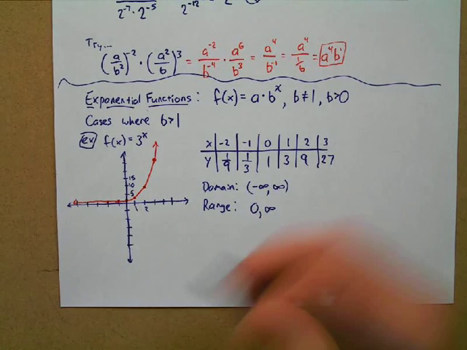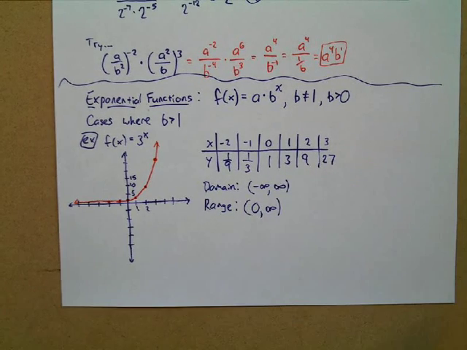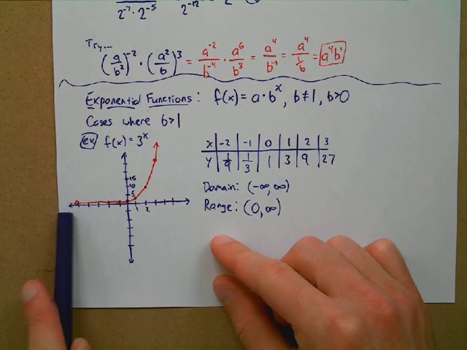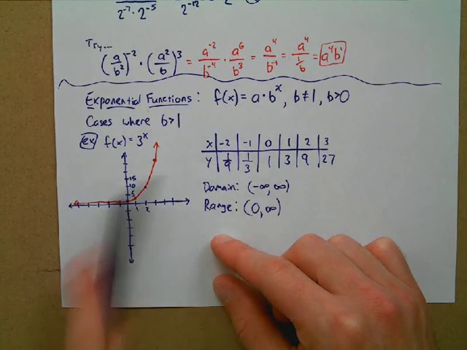If you imagine going really far to the left, these really negative values of x, well, that's going to make 3 to the negative value, so it's going to be 1 over 3. Those numbers are going to get smaller and smaller, so we can expect it to go to 0, kind of like a horizontal asymptote of 0 as you go to the left.